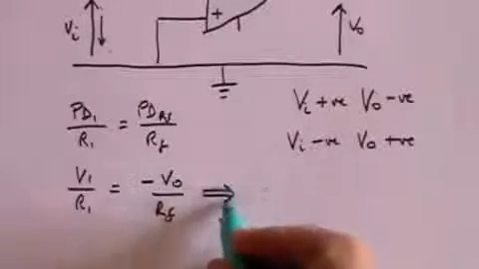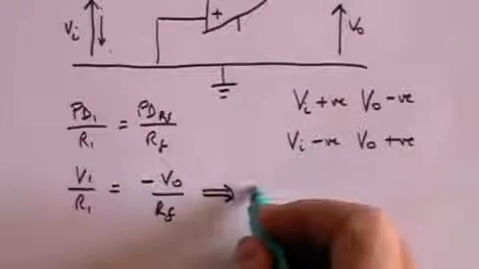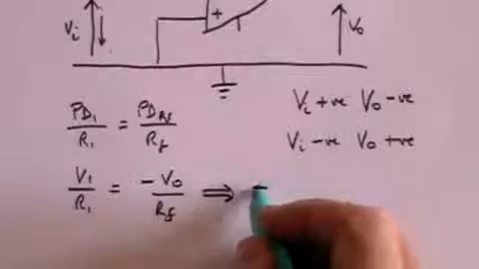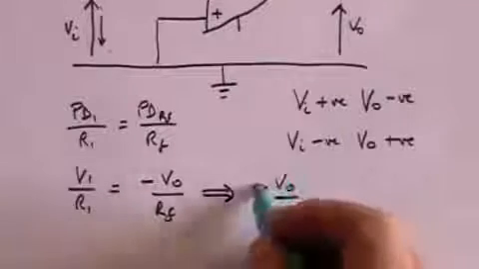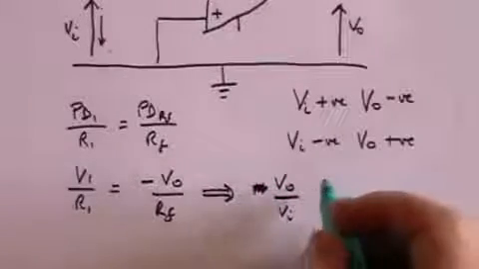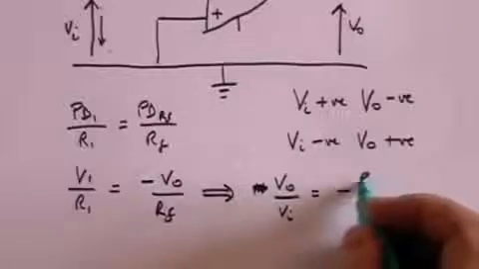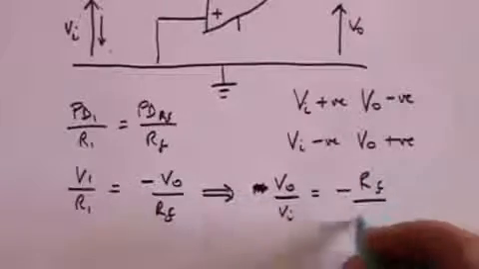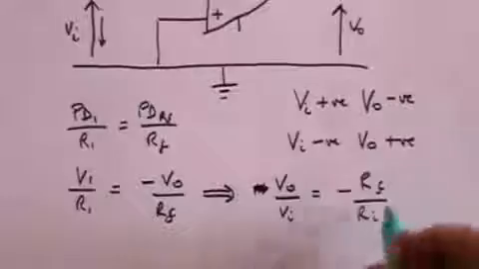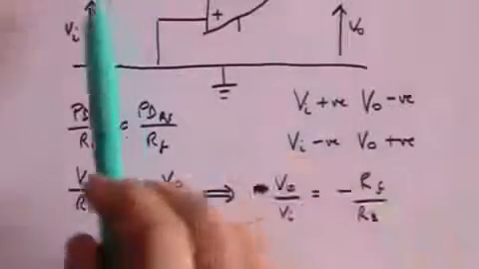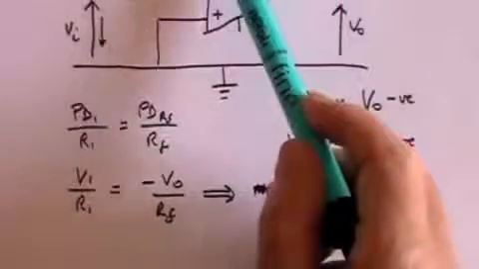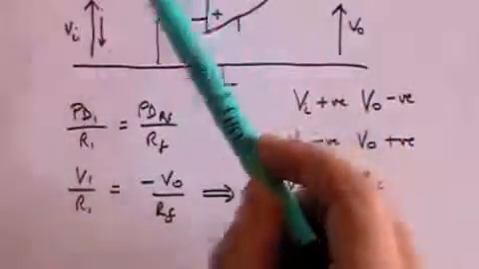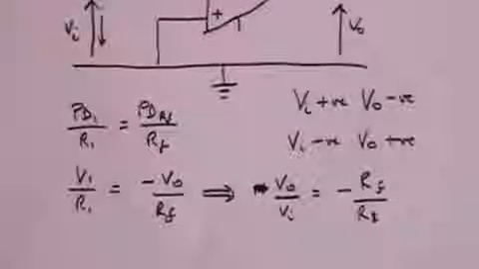And that you can simplify as, V out divided by V in is equal to minus RF divided by R in, or R1. So the voltage out divided by the voltage in is the same proportion as the value of that resistance divided by the value of that resistance. That was the inverting amplifier.